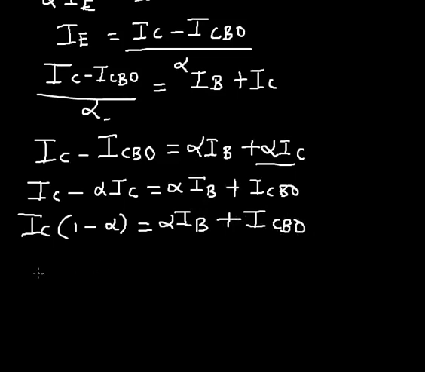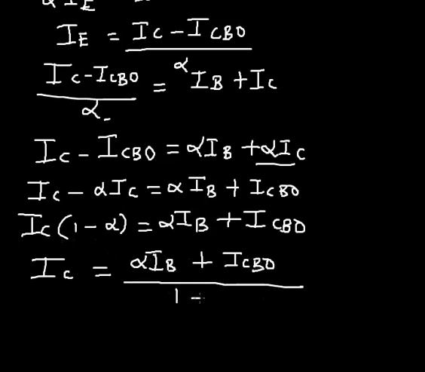So my collector current is going to be equal to alpha IB plus ICBO, all divided by 1 minus alpha.